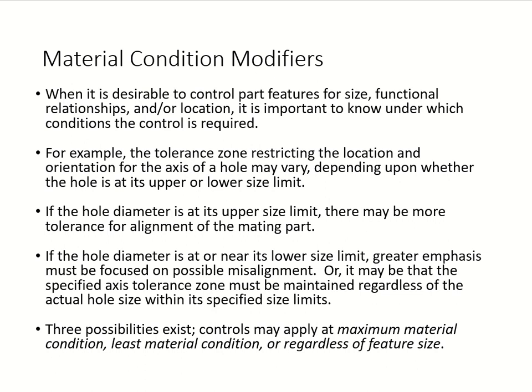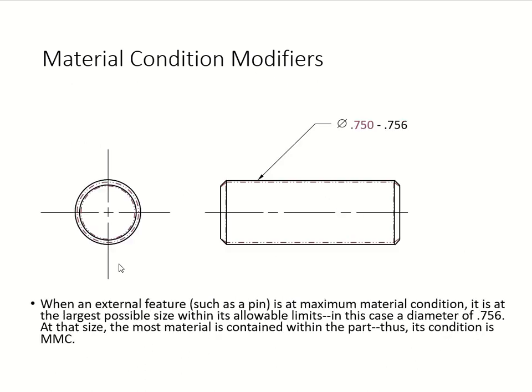But when we come to here, we're bringing in an external feature. At that time, you're going to have the largest possible size, because the larger the external feature is, the more material your part is going to have in that feature. So your part is a pin, which is an external feature.